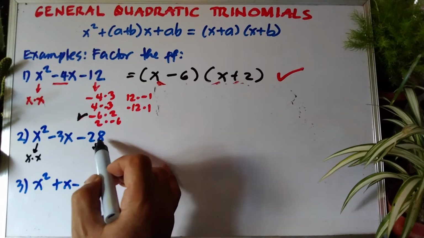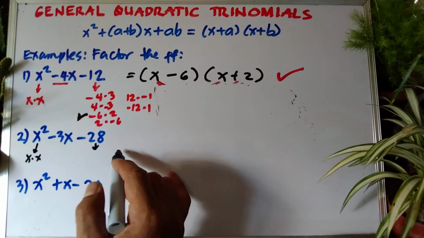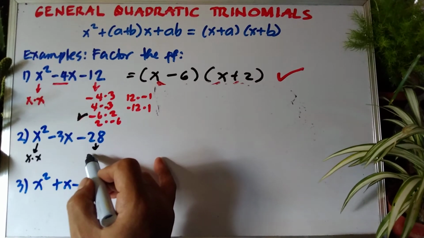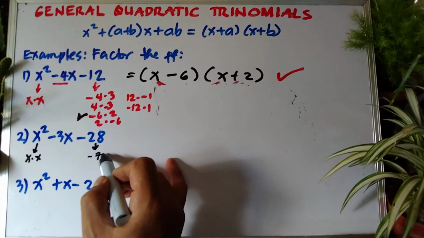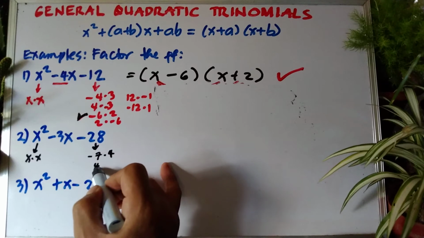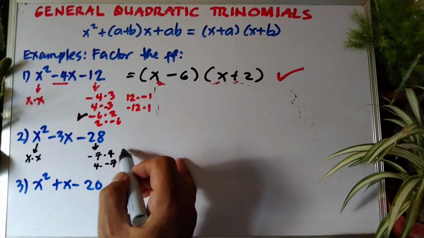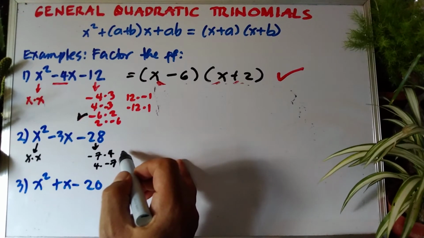Kay negative 28, possible factors niya, so you have negative 7 times 4 or 4 times negative 7. Ano pa? Yan lang ba? Yan lang naman siguro, di ba?